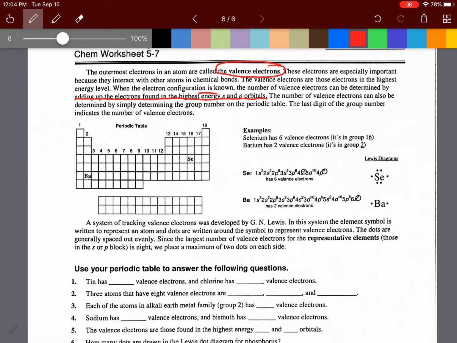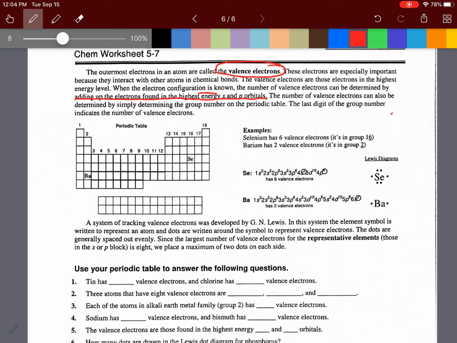To do the Lewis dot, we write the symbol, and then we place up to 8 dots, if it were to have 8 valence electrons, around the symbol. Generally, it's done in an orderly fashion. There's usually 2, and then 2, and then 2, and then 2. I'll do some examples down there.